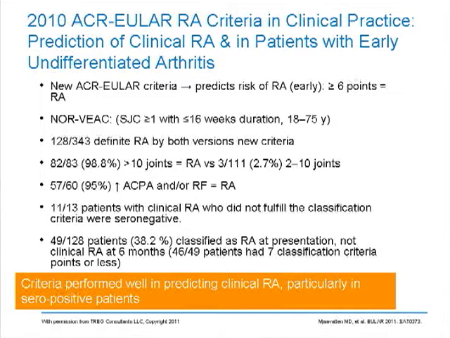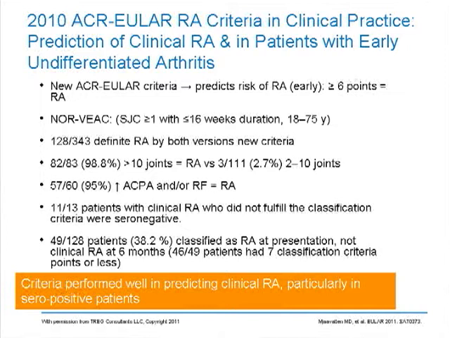Interestingly, about 40% of patients classified as RA at presentation did not have clinical RA at 6 months. And of those 49, 46 had 7 points or less. So the criteria of 6 is helpful, but is not fully predictive of whether or not the patient will have rheumatoid arthritis.